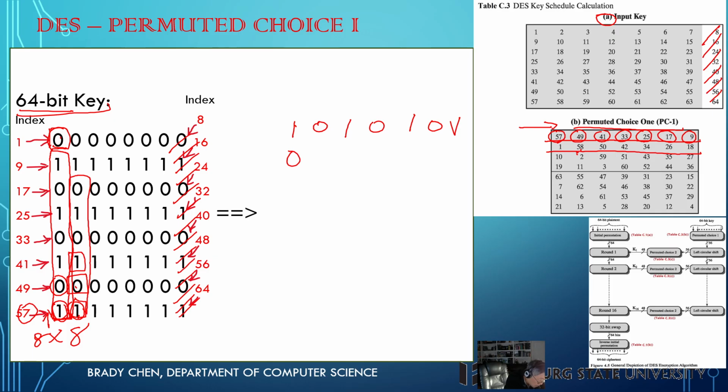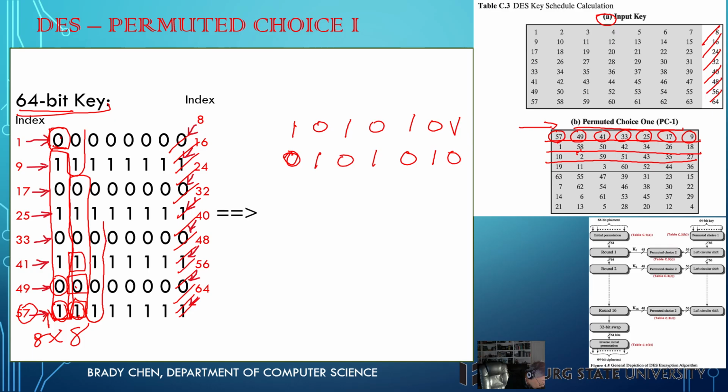Okay, so it's a 0, that's index 1, and then 1, 0, 1, 0, 1, 0. Now, for the third row of the output, we start from here, goes up, and then goes back to the row, column number 3, bottom up.